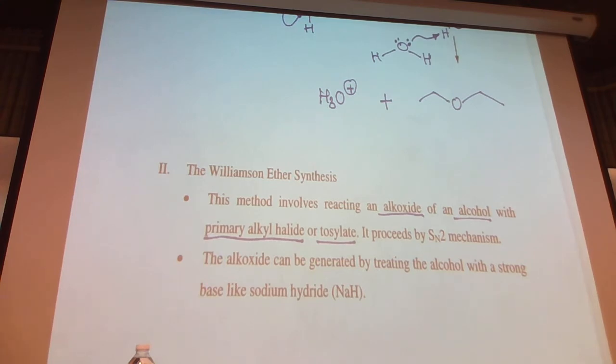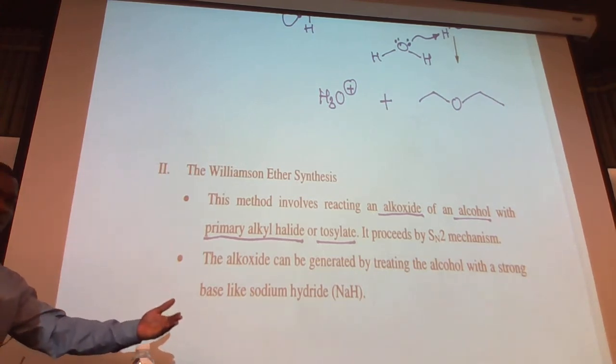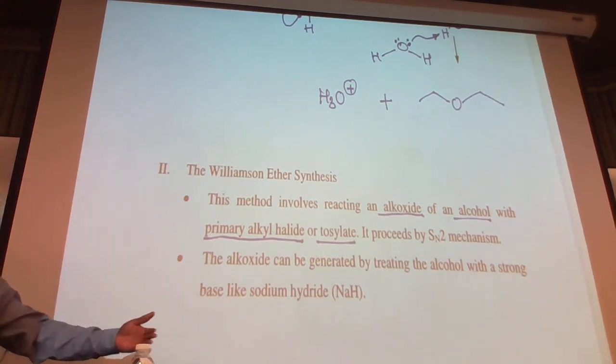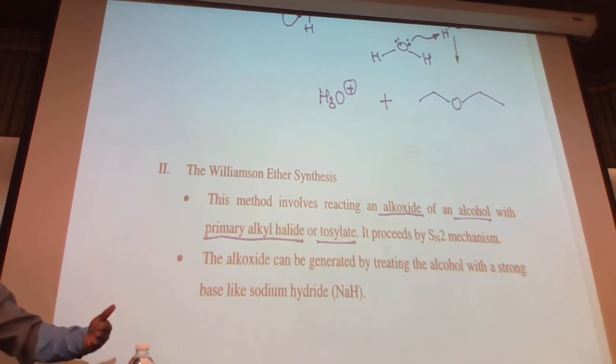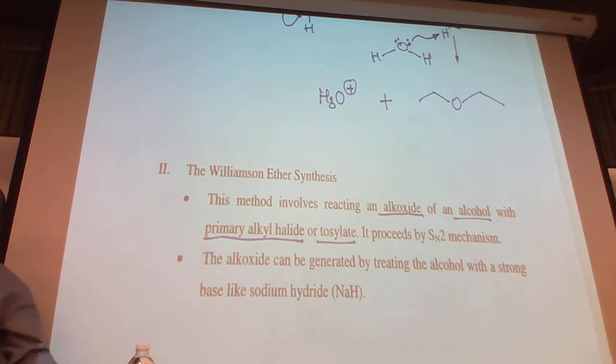And to generate your alkoxide, if you remember under the properties of alcohols, you should go and review that in chapter 17, we said alcohol can act as an acid. So when you treat them with a base, you generate an alkoxide.